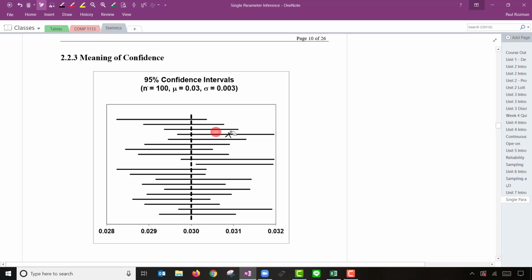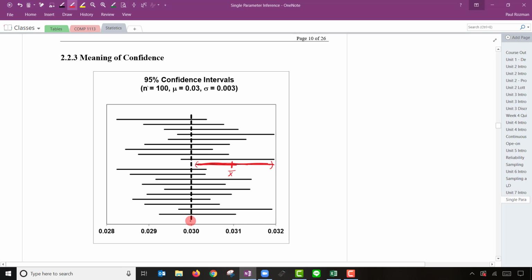You'll see that there's quite a bit of variation in those things. And in one case, I blew it. Here's a data set. I collected 100 random values. I got an X bar here, and then I put the plus or minus on it.